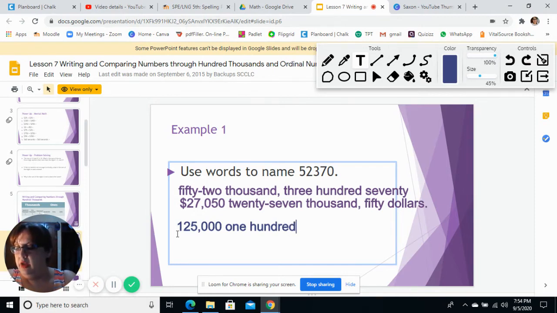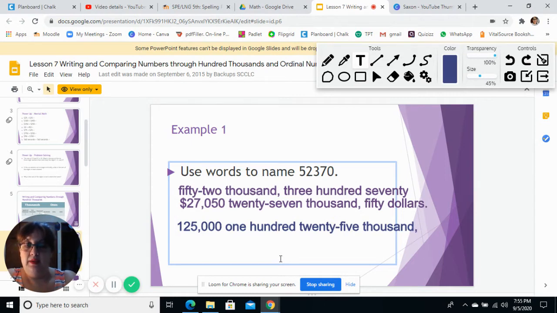We don't put a comma yet because we haven't got to the comma in our number, right? 125. Now we need a dash because it's a double-digit number. Now we want the comma. Oh, sorry, 1,000. I got ahead of myself.